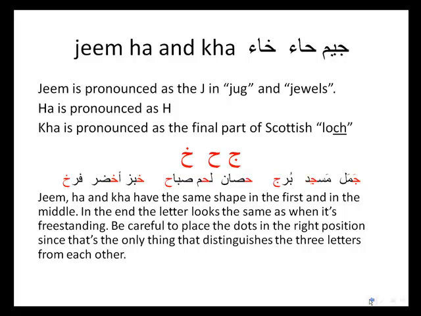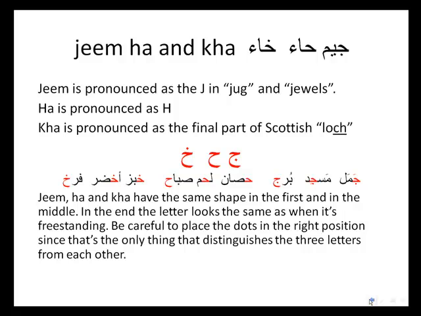The last letter, Cha, is pronounced as the final part of the Scottish word loch, or the beginning of the Swedish word sjö. Cha is the name of that letter.